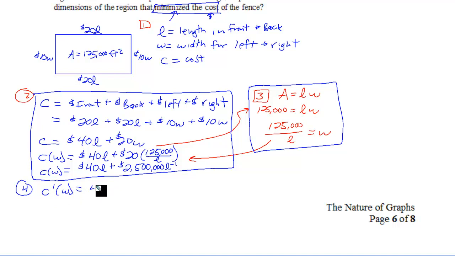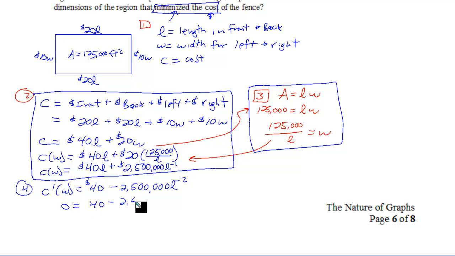Derivative of 40L is 40. 2.5 million times L to the negative 1. If I take the negative 1 out to the front, that's a negative 2,500,000. Subtract 1 from the exponent, 1 minus 1 is a negative 2. Set this equal to 0.